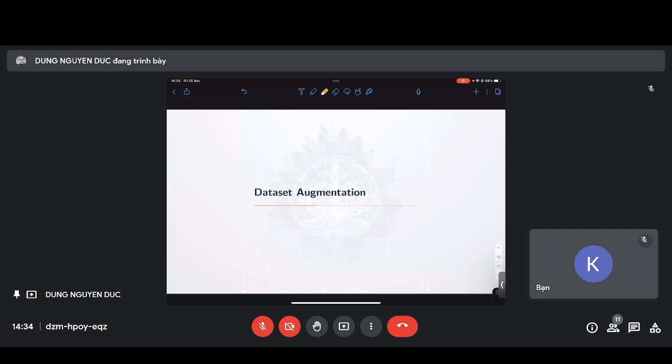Well, there is no context in that because you are dealing with object detection only.